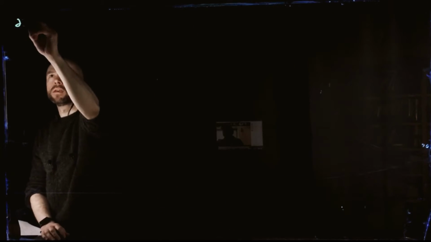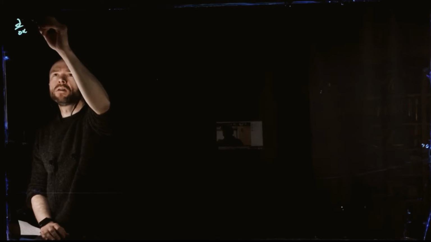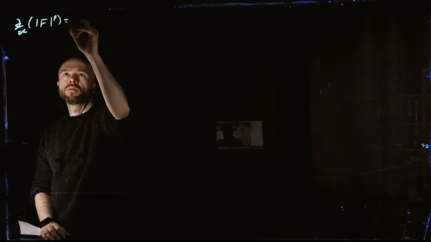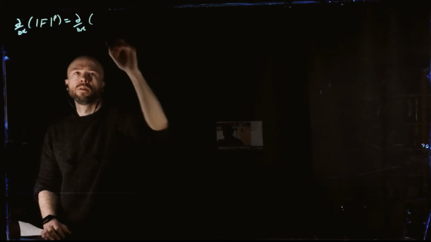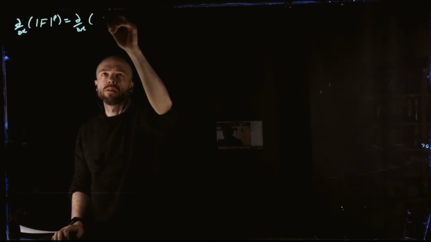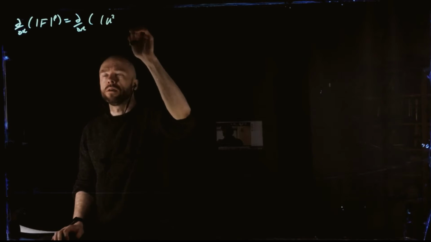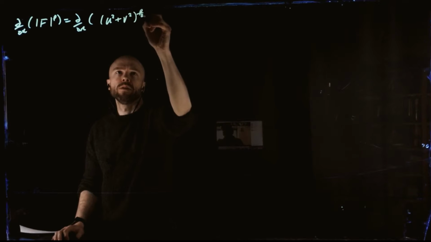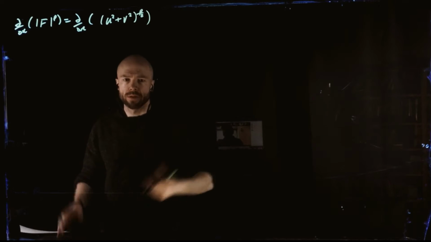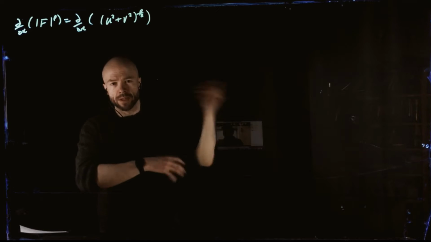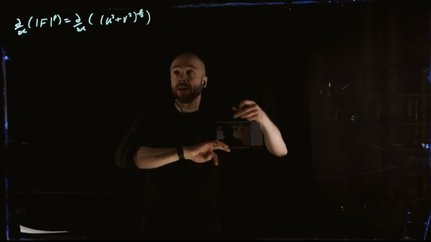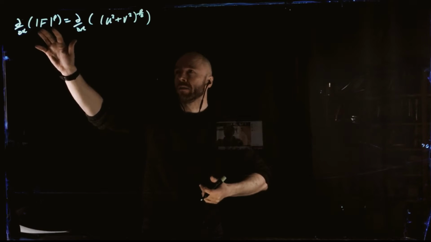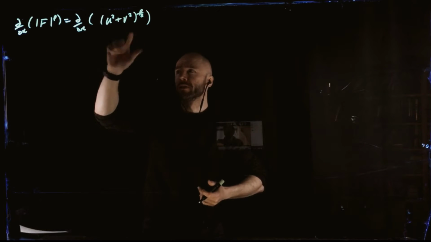Let's take the x partial of the pth power of f, which we're going to think of as u squared plus v squared to the p over 2, because f is a complex valued function whose real part is u and whose imaginary part is v, so the absolute value of f is u squared plus v squared square rooted. So this is the right thing.